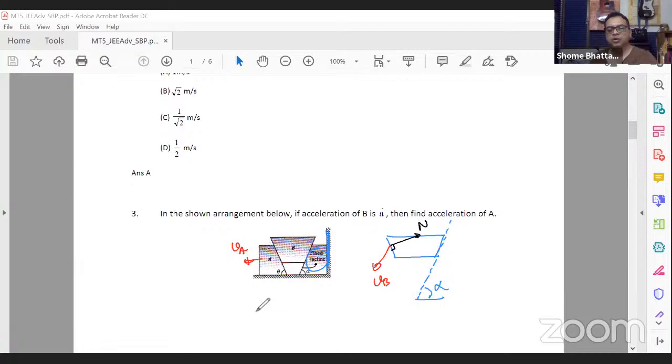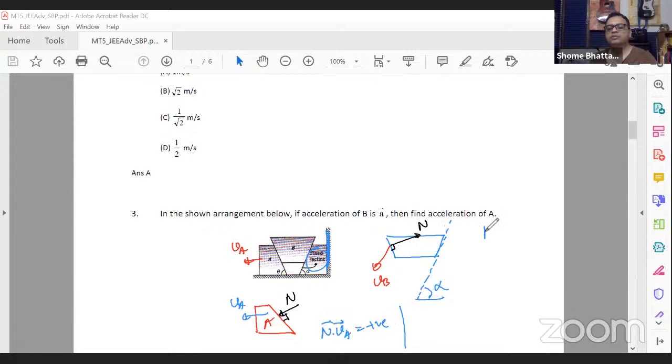Okay. So on the block A, the normal reaction is acting like this. Okay. And its own velocity is in this direction. Okay. So N dot VA will give you some positive quantity. Okay.